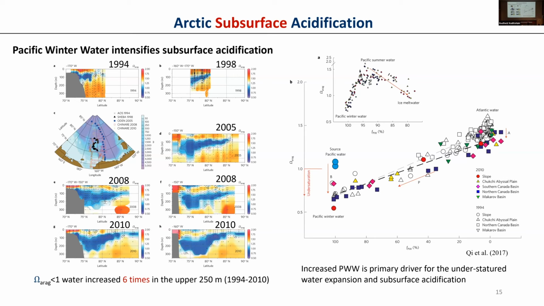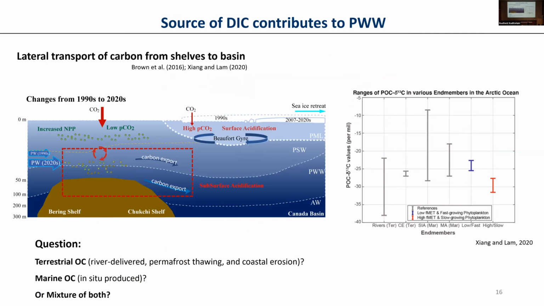A larger fraction of Pacific water will give a lower omega. And we conclude that the increased Pacific winter water is a primary driver for the undersaturated water expansion and subsurface acidification. The story doesn't end here.